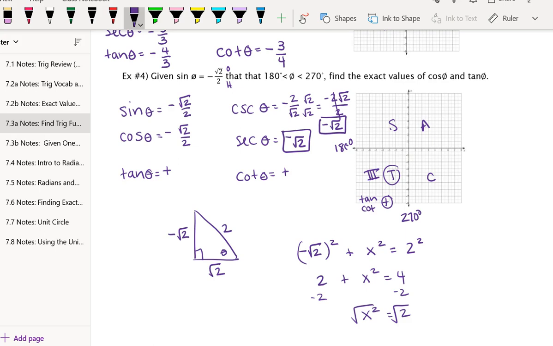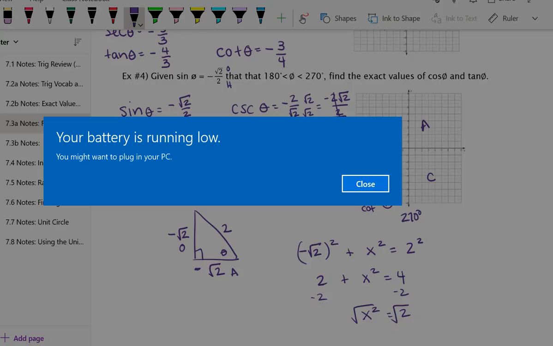Okay? And then tangent is opposite over adjacent. So here's your opposite, here's your adjacent. So I take the negative root 2 over root 2, and then this technically is positive, but tangent is supposed to be positive with the end, so I'm guessing because we're in quadrant 3, yeah, everything is negative.